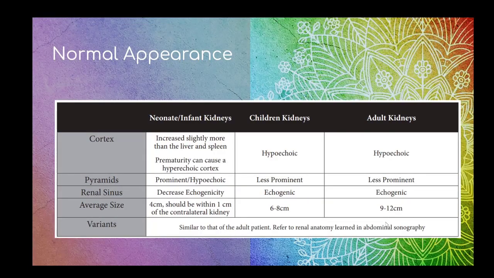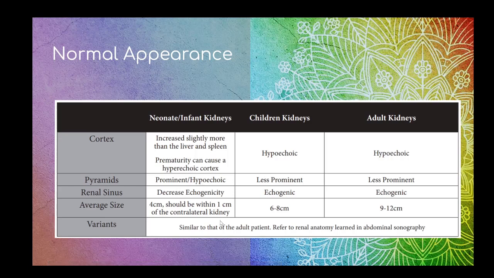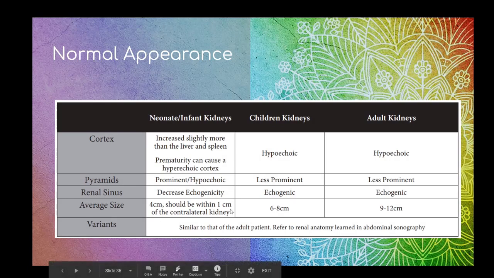This chart here helps you just to kind of visualize or sort out what the differences are between neonatal kidneys versus adult kidneys. I think the biggest one that I want to point out is, again, that the pyramids are super prominent and hypoechoic almost to anechoic, and that in children we expect the average size of kidneys to be within 1 centimeter.